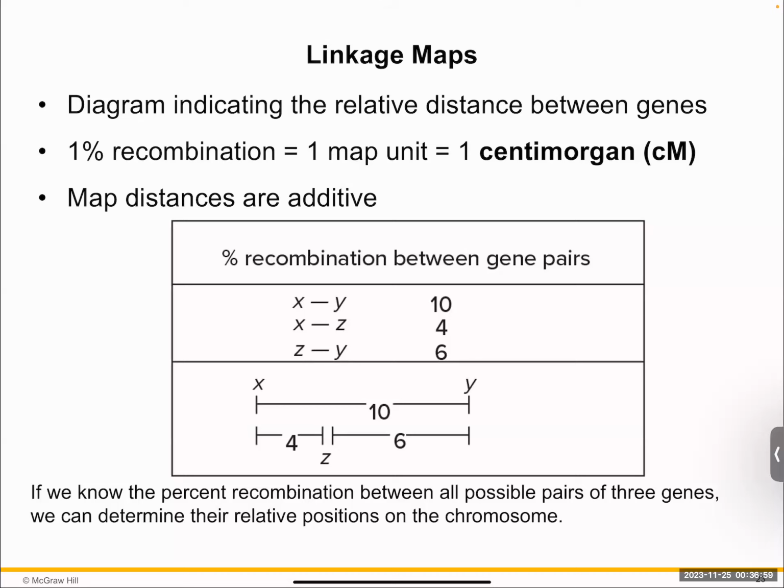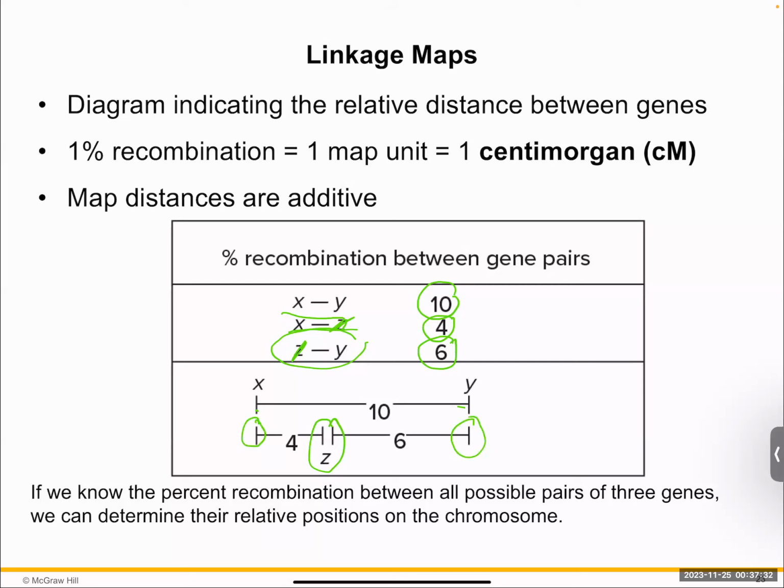For instance, if I say the X and Y distance is about 10 cM, centimorgans, and then X and Z distance is 4 and Y and Z is 6, I can figure out that X and Y are going to be the ends, because that's the longest one. And then Z is going to be in the middle because it's overlapping. So X is on one end and Y is on the other end.